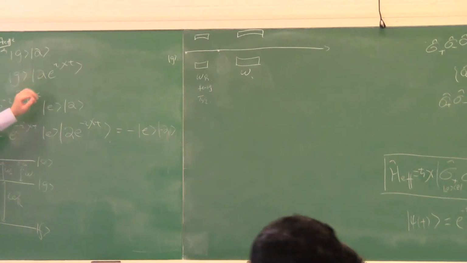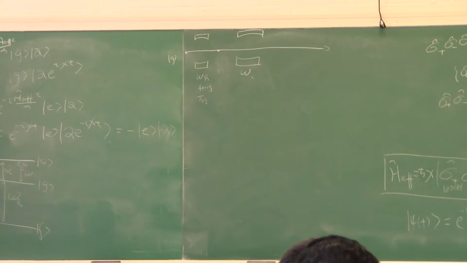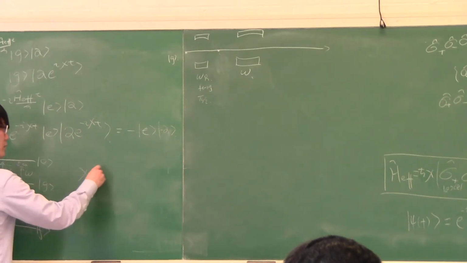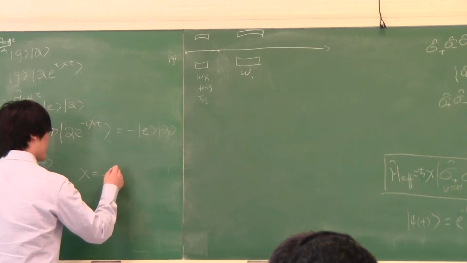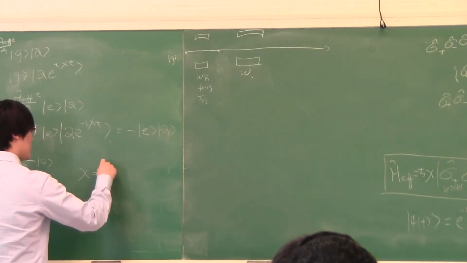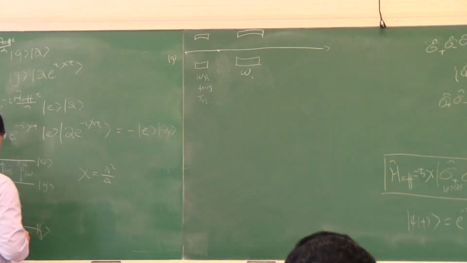Ground state goes to ground state, the excited state stays in the excited state. Whereas in the second cavity, because omega and omega R are so different, even the dispersive interaction is not important anymore. Because remember, the dispersive interaction depends on chi, which is inversely proportional to the detuning. So for large detuning, we do not need to consider even the dispersive interaction.